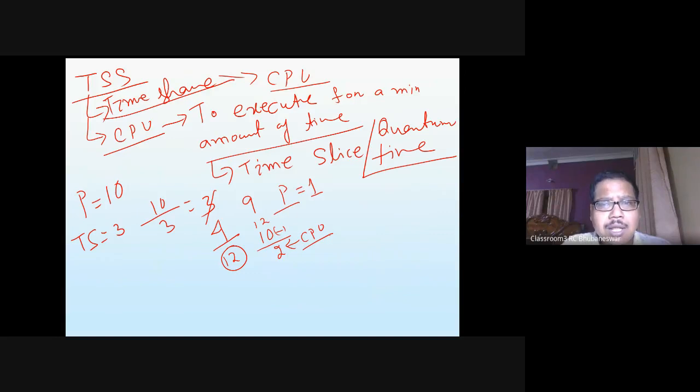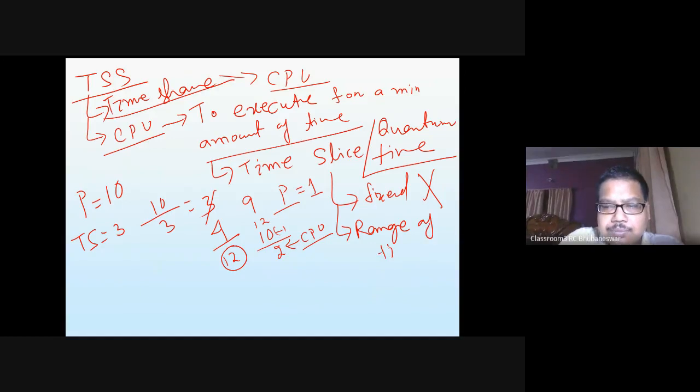The exception says: don't make the time slice fixed. If somebody asks whether it is fixed or not, I would say no, it is not fixed. It can be a range of time.